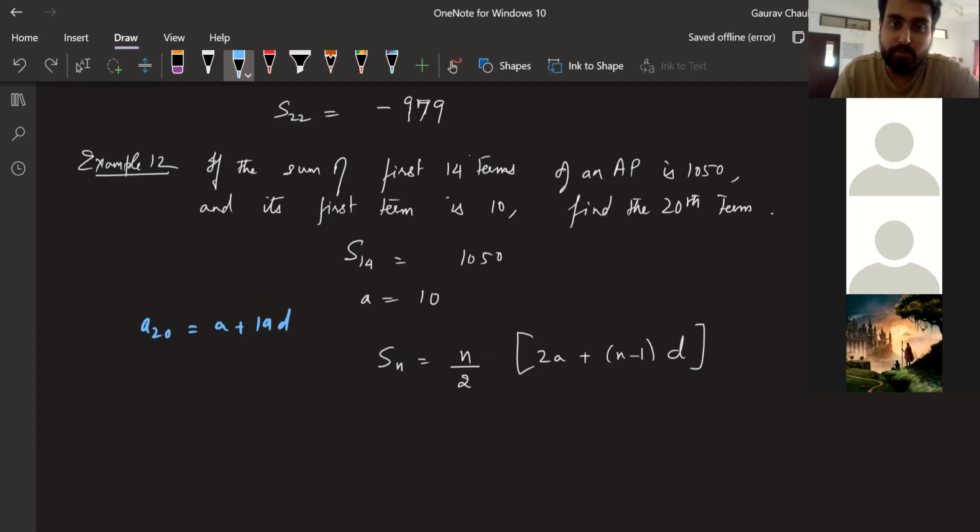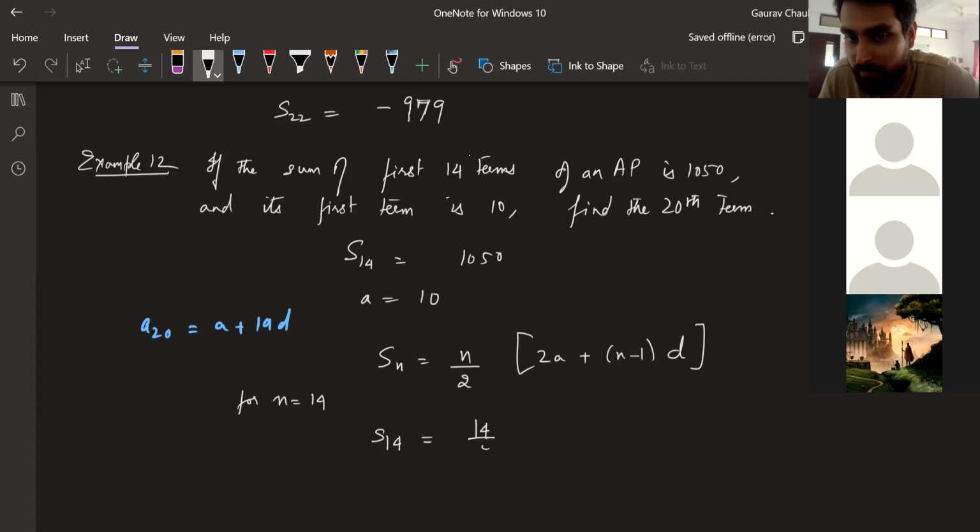So what I'm doing, I'm writing for n equal to 14. You know S14 is how much? 1050. Right. Let's write S14 first. S14, the sum of the first 14 terms, is equal to 14 by 2 into 2 into A plus 14 minus 1, that is 13.